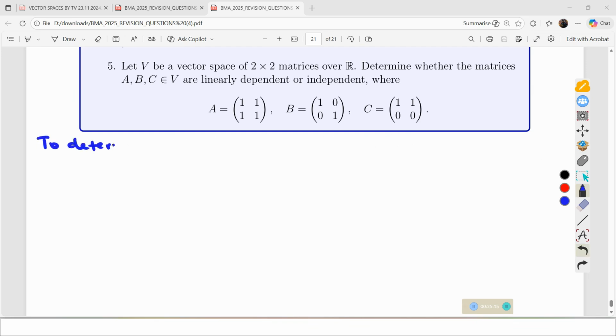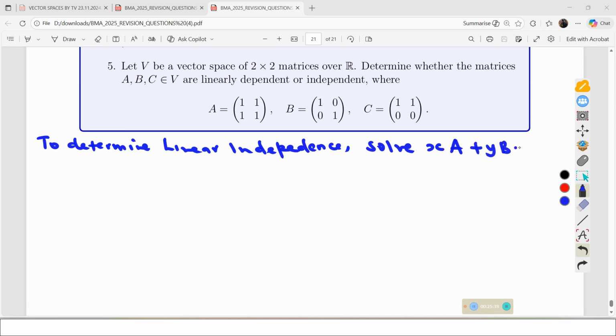To determine linear independence, what we shall do is to solve for the linear combination, for example x of A plus y of B plus z of C, and equate it to a 0 matrix, where x, y, and z are our scalars. So you seek to obtain the scalars x, y, and z for which the linear combination is equal to 0.